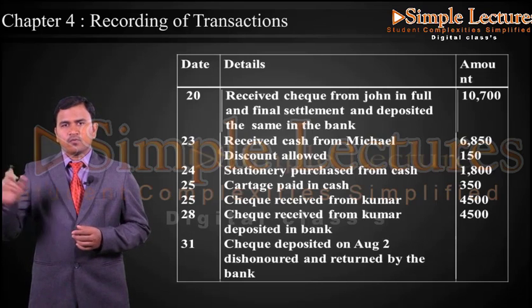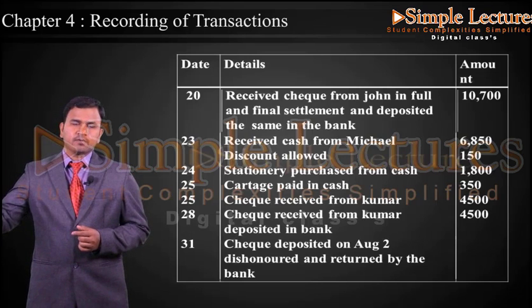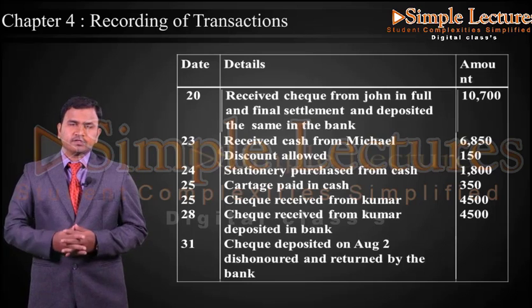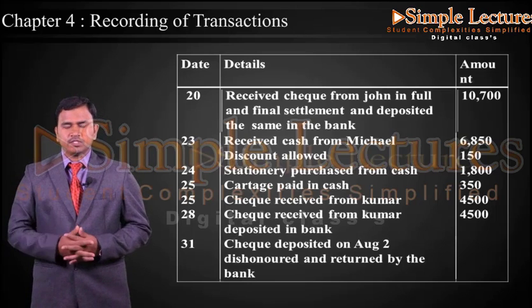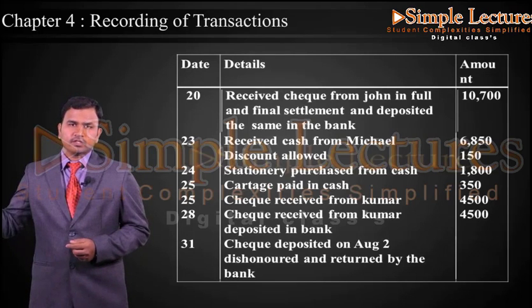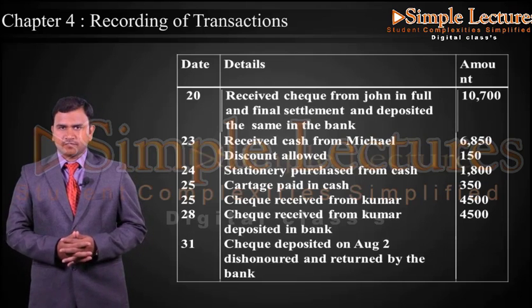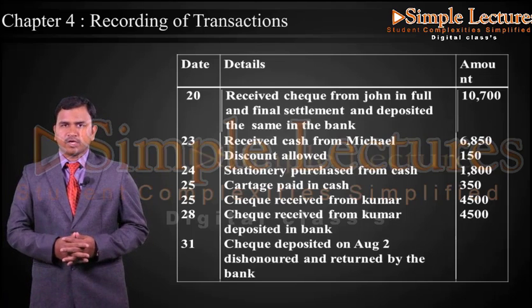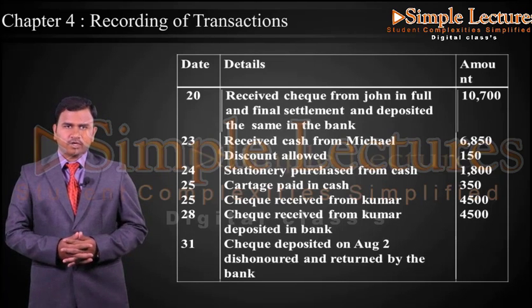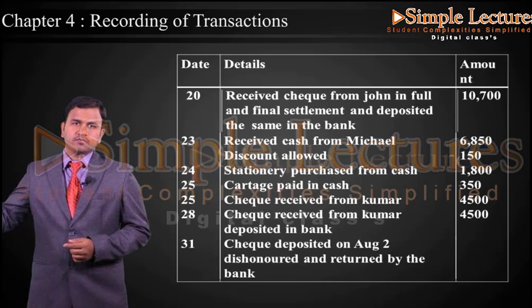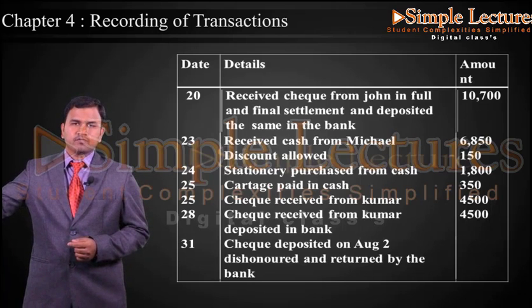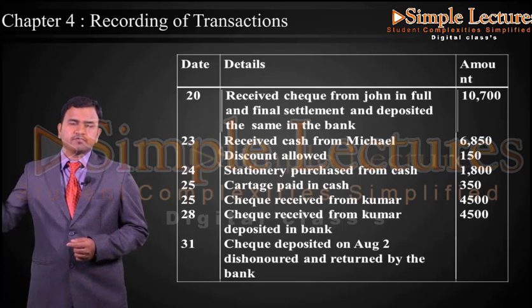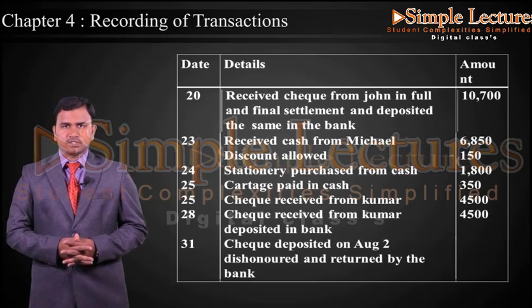So the amount we added to the bank column on the debit side will be deducted on the opposite side. So the entry will be on August 31st, by Kumar account, and in the bank amount column 4,500, which means the check was dishonored, since the bank amount we had ordered, 4,500, will be deducted on the opposite side.